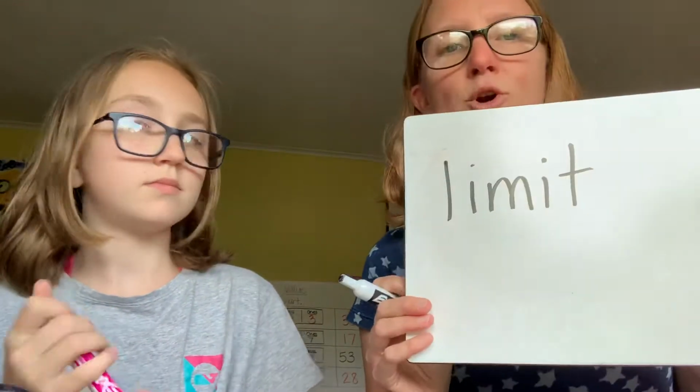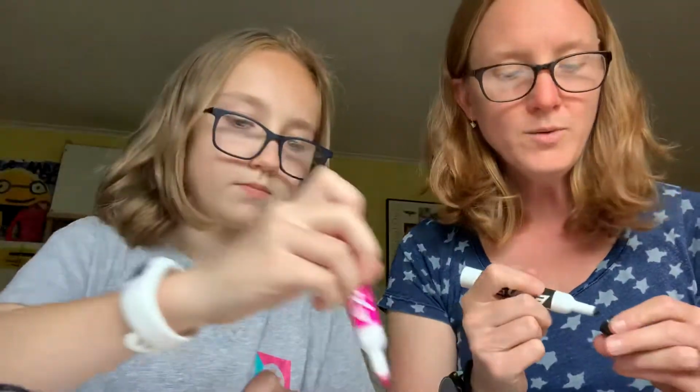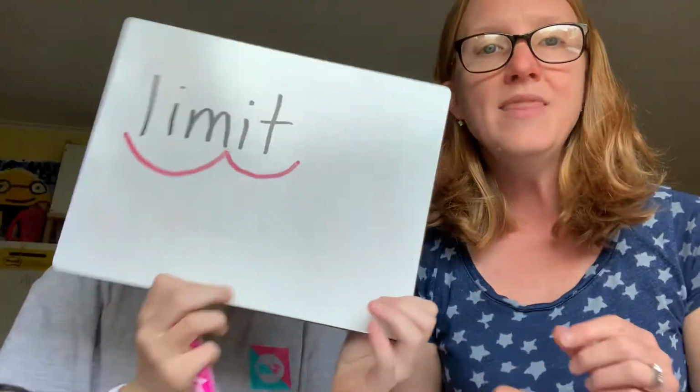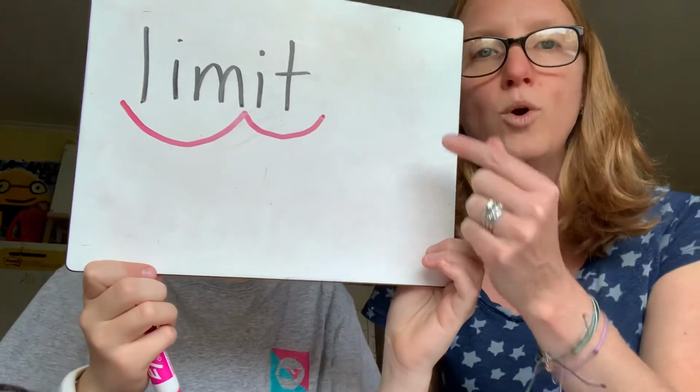So I'm going to write down this word. This word is the word limit. Limit. Great job, Maddie. Okay. And in this word, the word limit, it also has 2 syllables. Limit or limit. Okay. And this is how we would break it up.